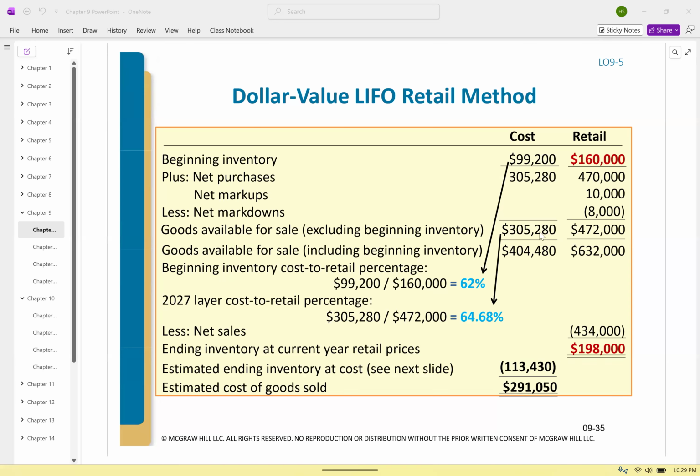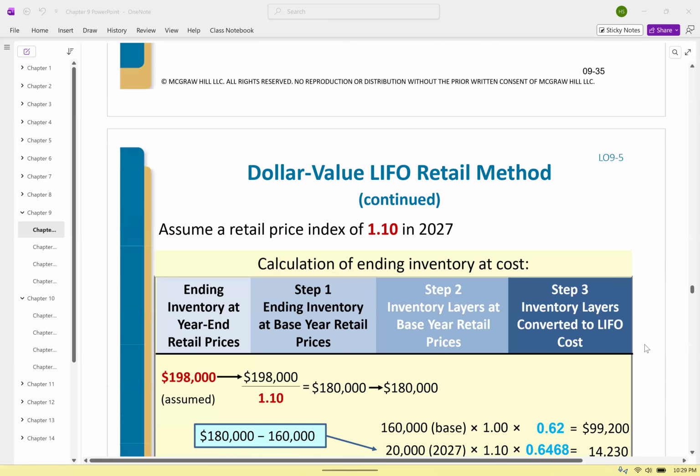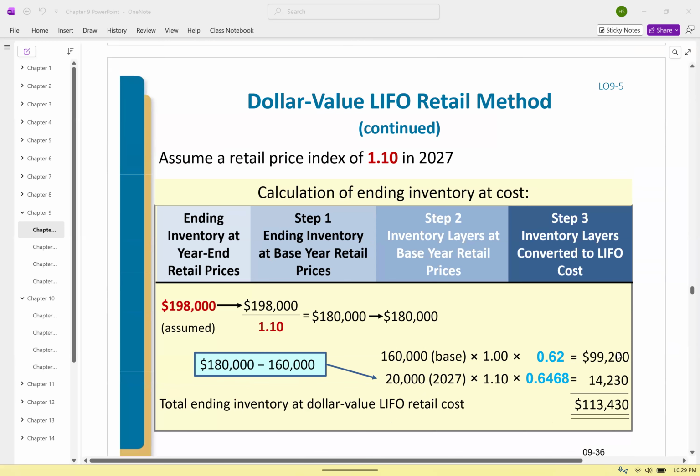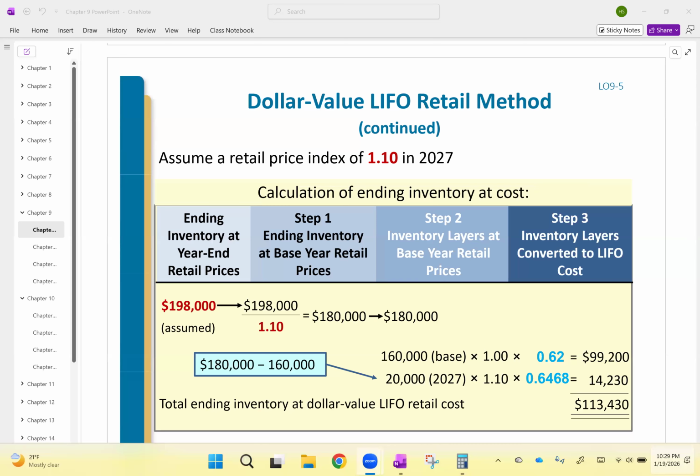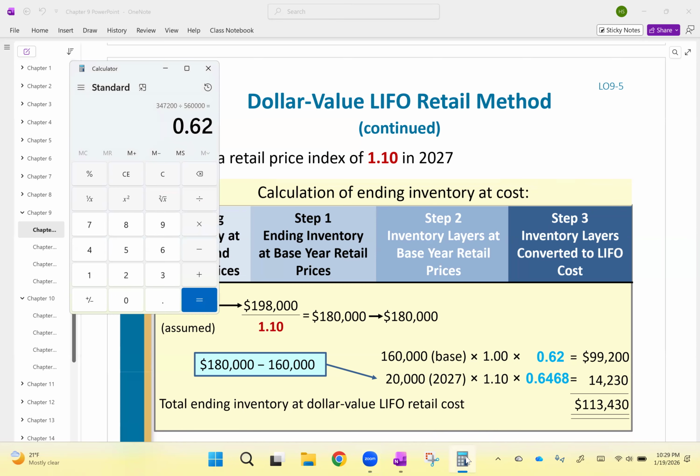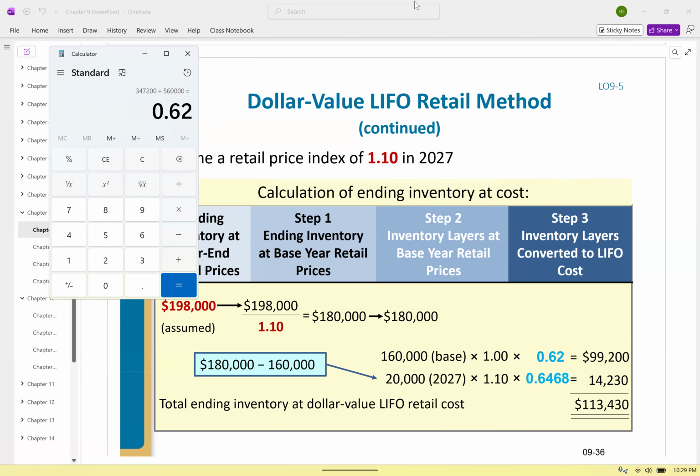We have including beginning inventory and excluding the beginning inventory, so we have two different numbers here. Now we're going to come down here and say our price index for 2027 is 1.10.